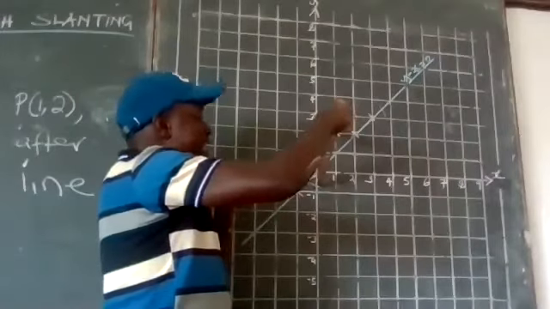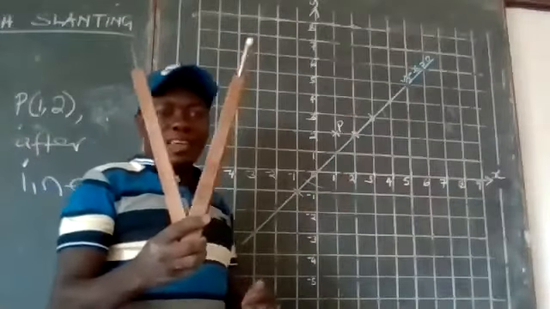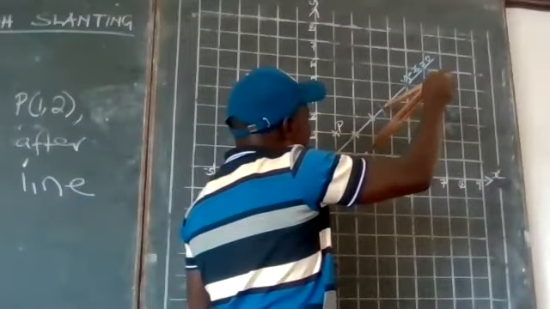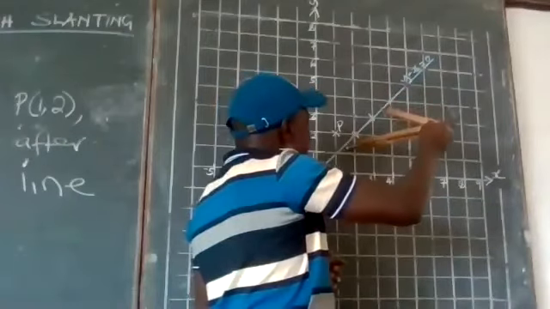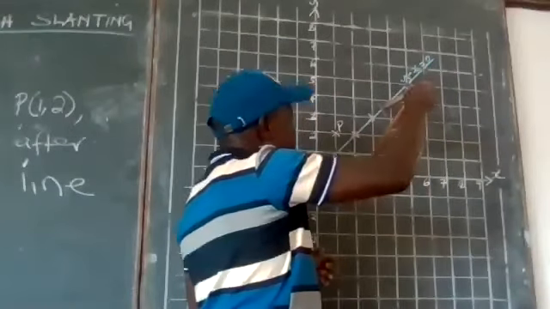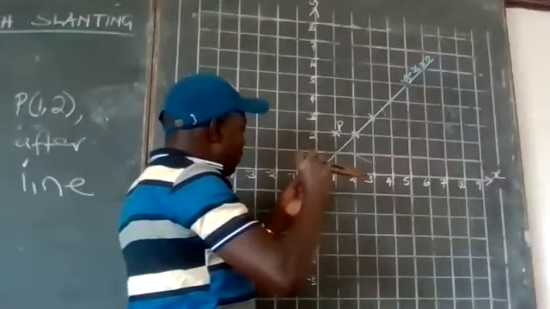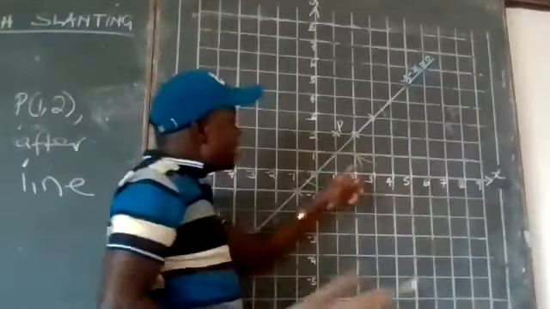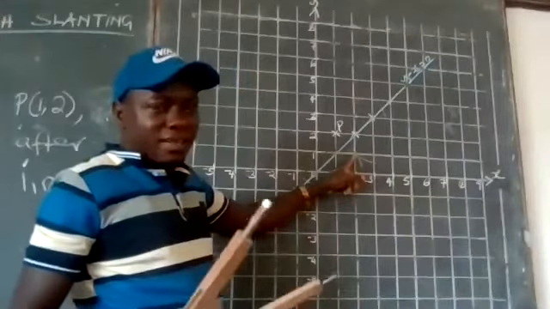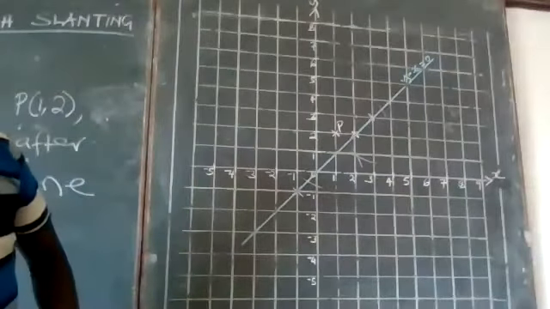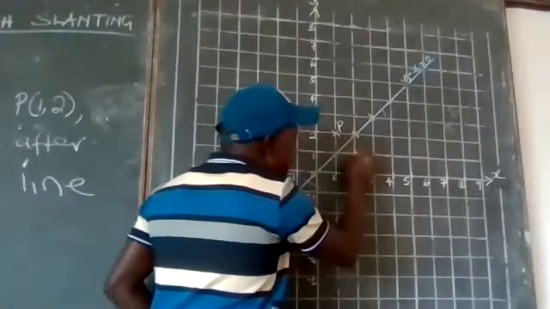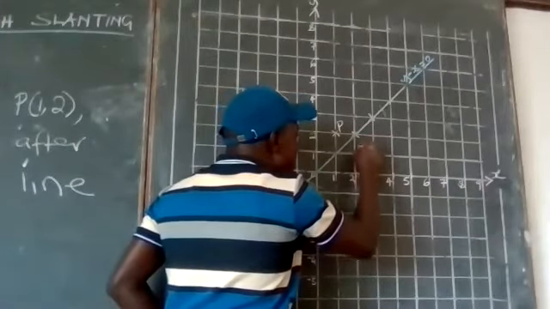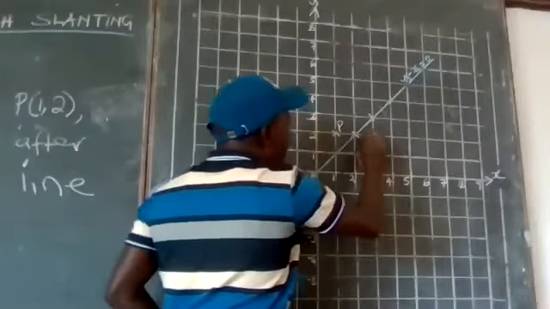After that, I don't change the length of the compass. I come to this arc and make another arc here. I come to the second arc on the line and I make another arc. Where the 2 arcs meet is where the image of P is. So my image of P is here, which is P complement.